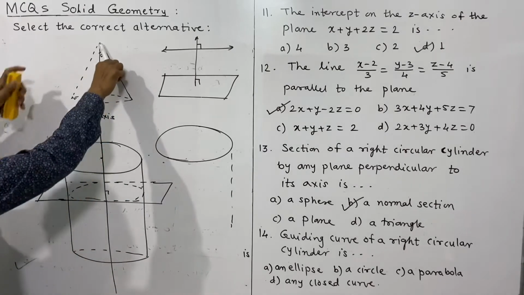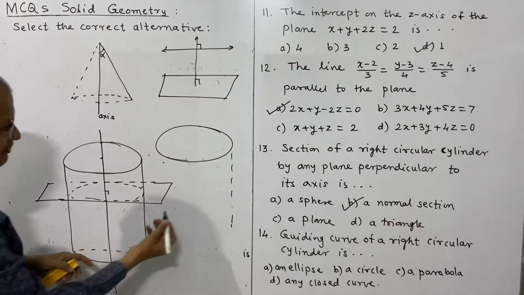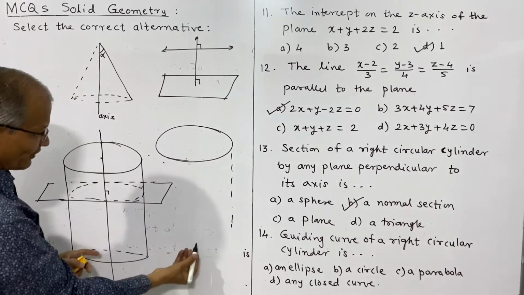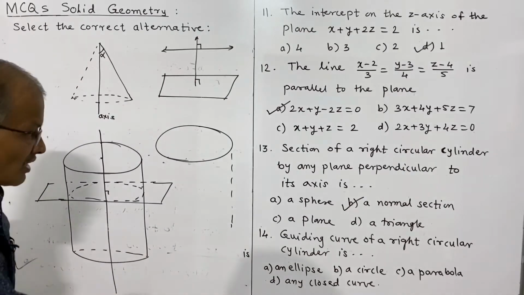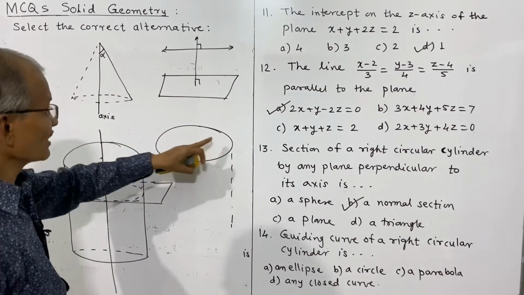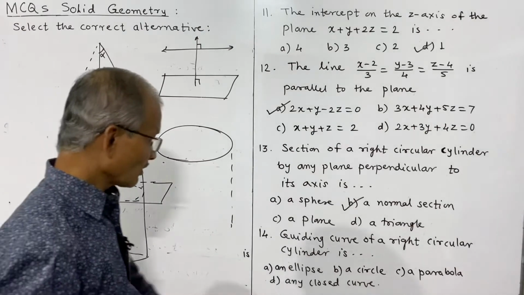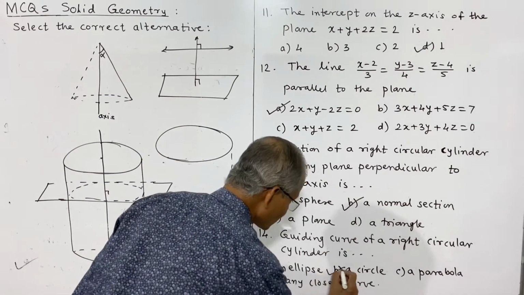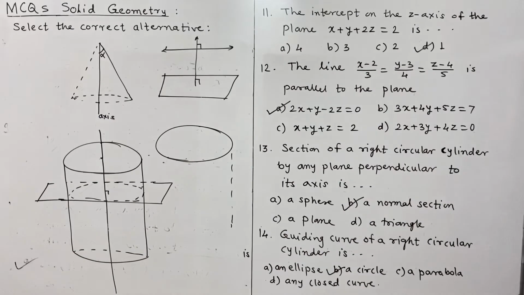Like the cone, if it is rotated about this, then we will get a cone, and if this line is moved along the circle, the figure obtained is a circular cylinder, a right circular cylinder. Therefore this circle is known as the guiding curve, and this line is known as the generator of the right circular cylinder. So the guiding curve of a right circular cylinder is a circle. This is the correct alternative for this question.